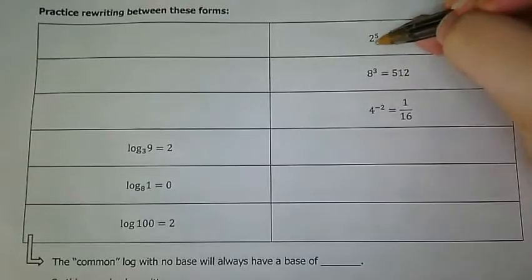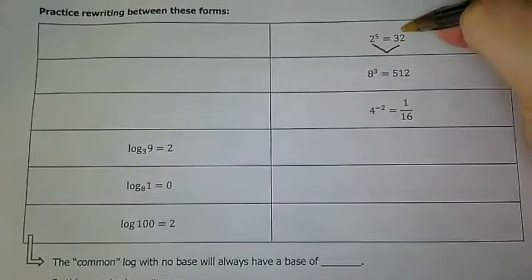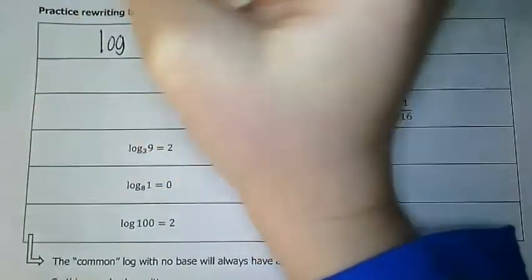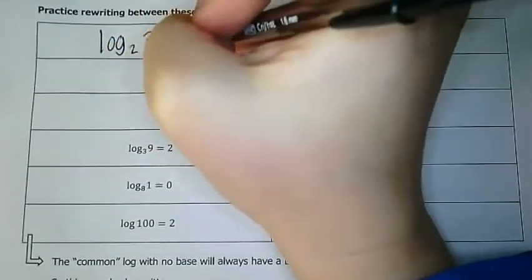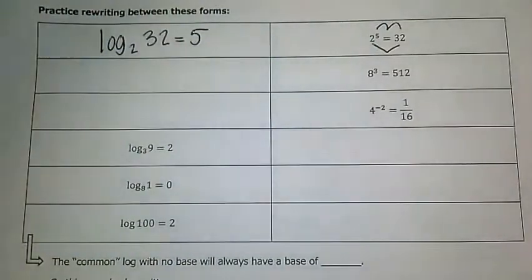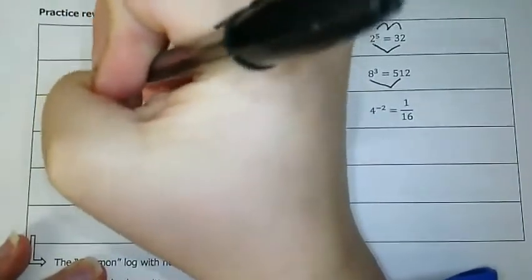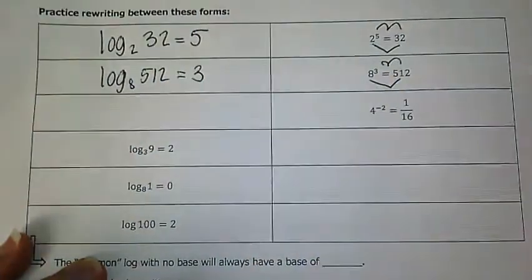So here we have log base 2 of 32 is equal to 5. Log base 8 of 512 is equal to 3.